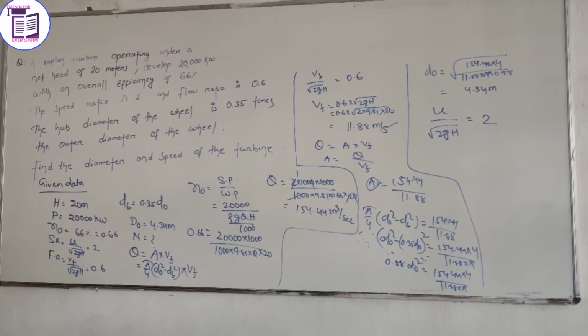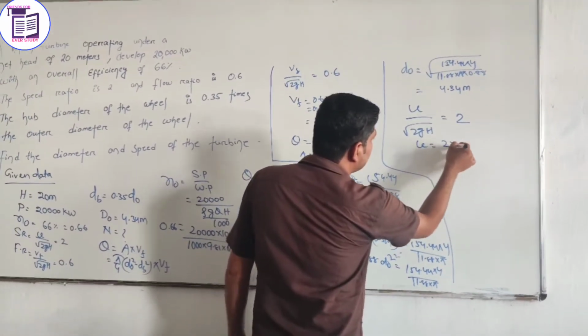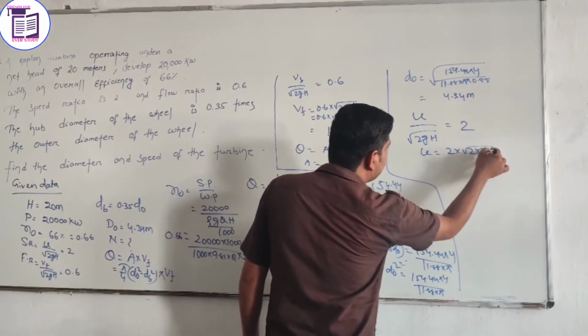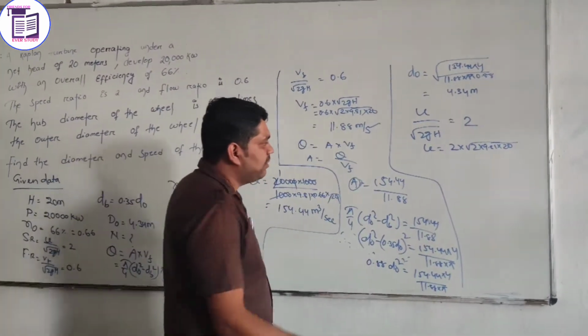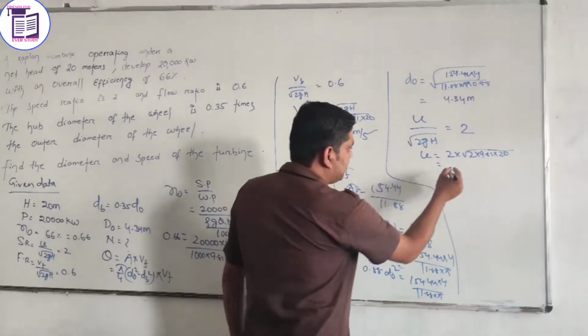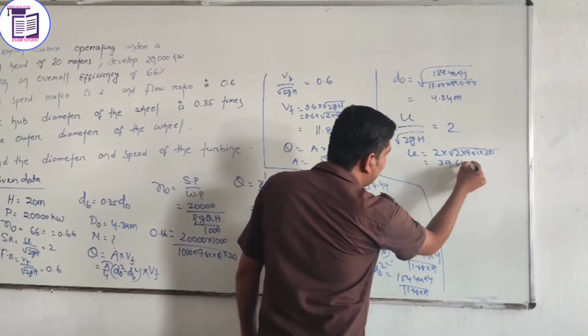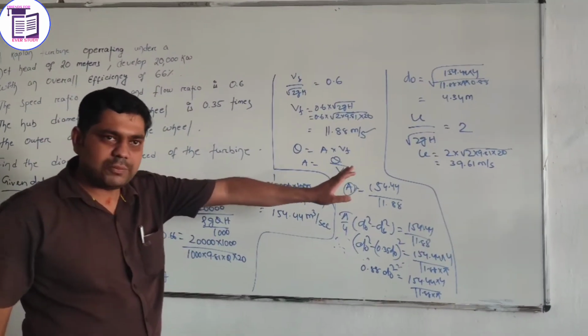Using this ratio you can find the speed. So U is equal to 2 into root 2 into 9.81 into 20, where H is given as 20 meter head. Using this relation the calculation gives 39.61 meter per second.